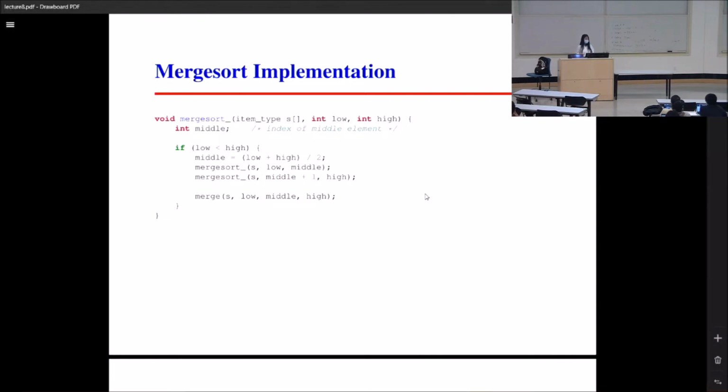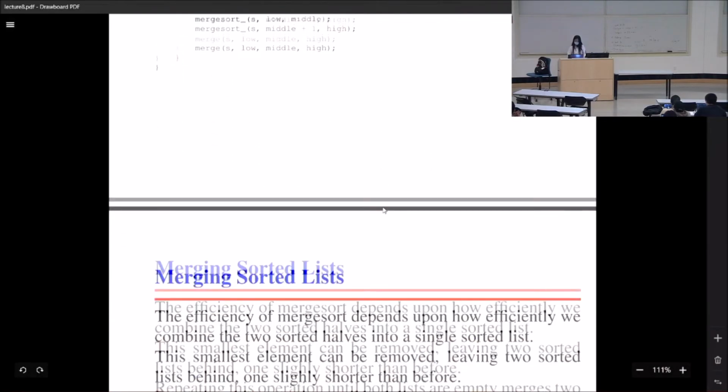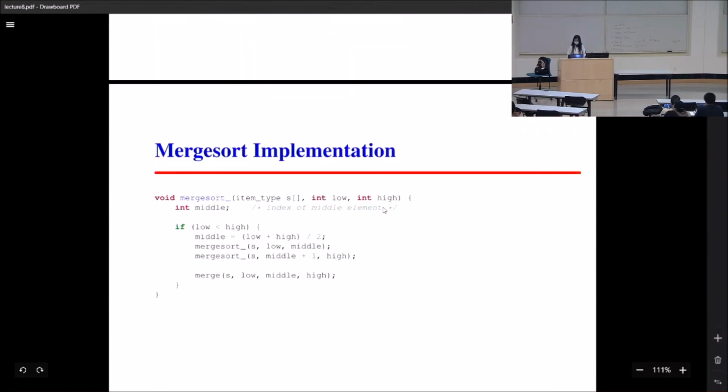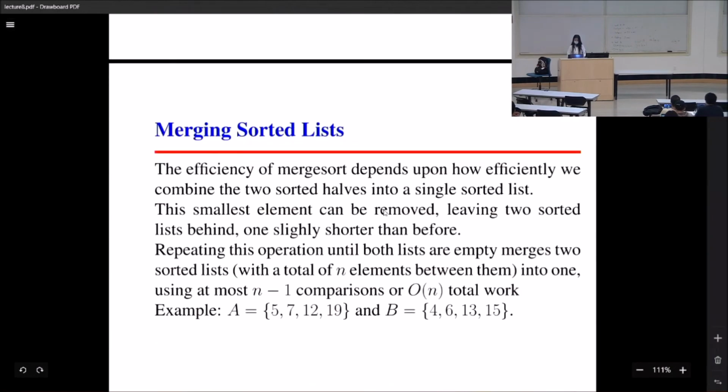And then after the recursion, you will perform an operation called merge. So you will merge the two halves into one array. Do you have a question for now, about anything? Okay. So where does the efficiency of merge sort come from?